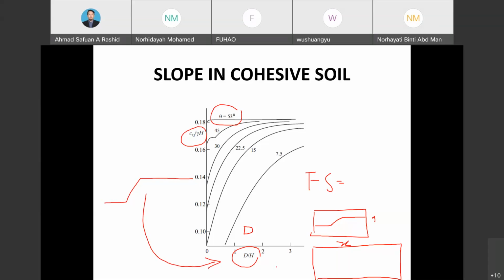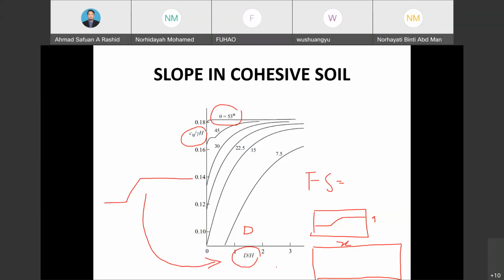So this Taylor chart has been used by many practitioners to get the factor of safety of the slope. We call it preliminary because it is to begin the analysis in a very short period, or to get an early judgment.